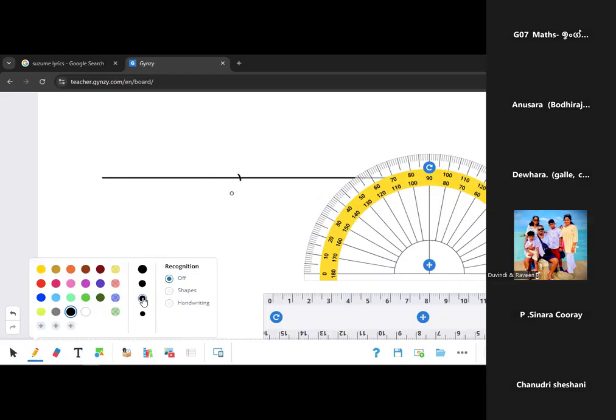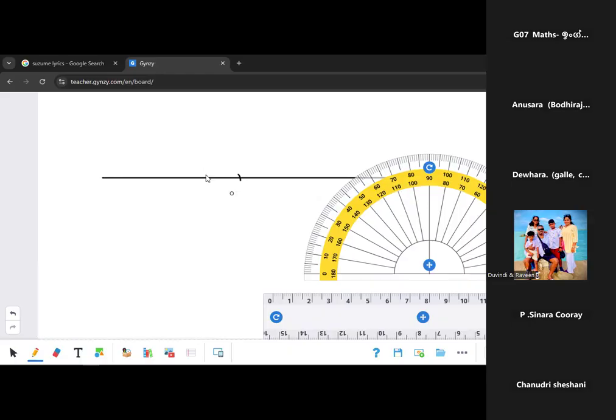From here to here, you know already this is 180 degrees. If you take your protractor and place it, this angle is 180 degrees. Like I previously explained, you have to draw a 300-degree reflex angle, so you have to subtract 180 from this. So we were having a 120-degree angle as the rest of the angle that we need to draw.